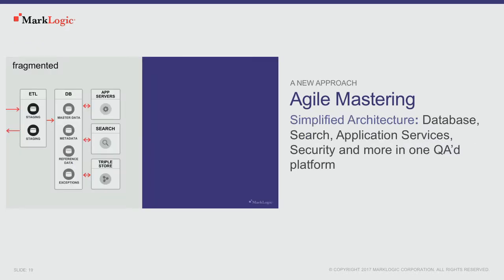Simplified architecture. Keep it simple: the KISS principle. Don't underestimate the power of the KISS principle. Let's say you have a simplified architecture that includes a combination of search and query that's able to search and query across a wide range of different data types, including geospatial, XML, JSON, semantic data.